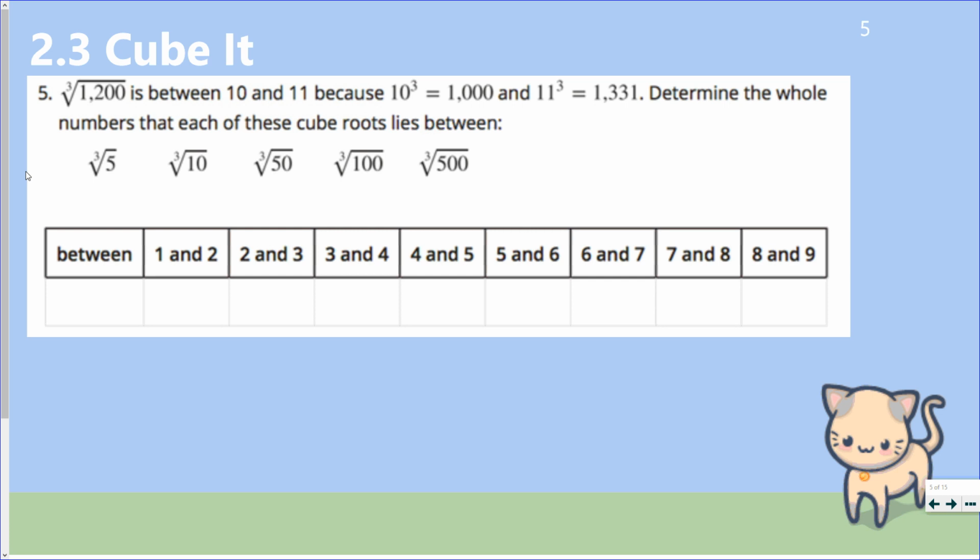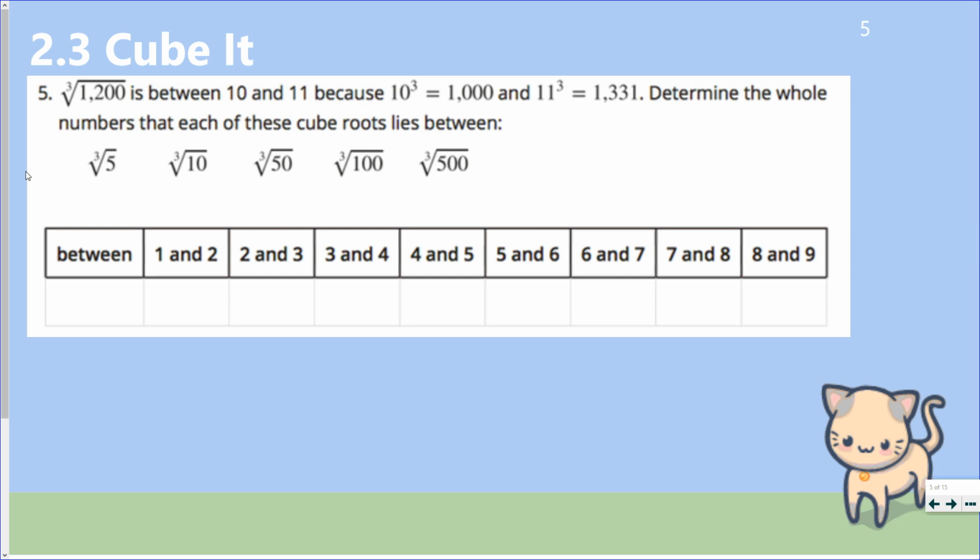So the cube root of 1200 is probably going to be closer to 11 than it is to 10. That gives you a little bit of information. I would definitely say it's between 10.5 and 11. I'm pretty confident in that, and that's probably a good enough estimation until I use a calculator.